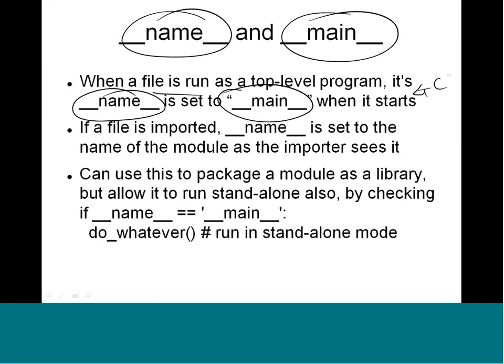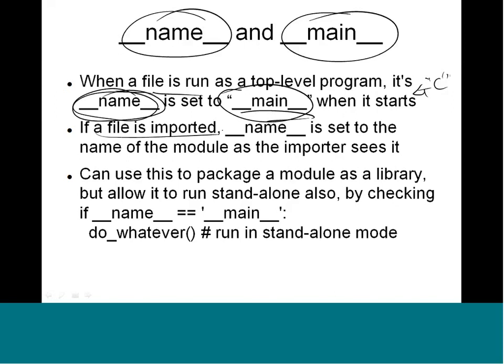In C, execution always starts with the function called main, and it only executes that, and any other functions are underneath that. Similarly in Python, __name__ is set to __main__ when it starts, so that it runs that as the starting point.